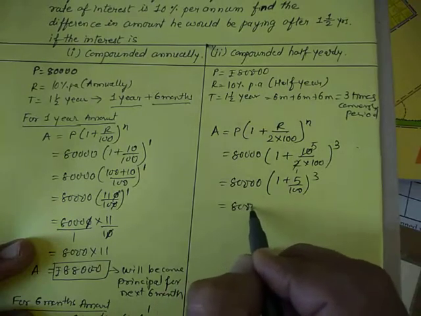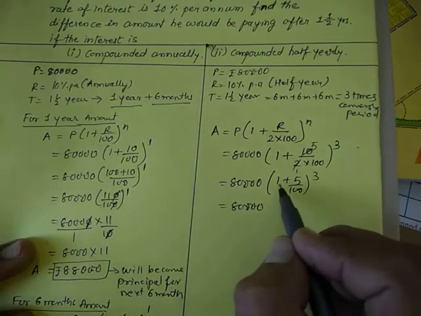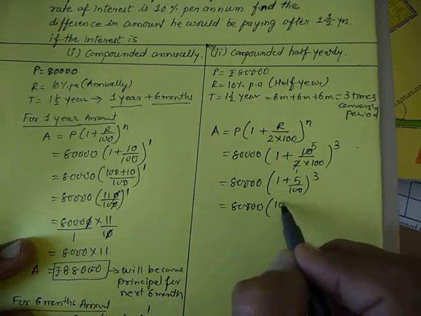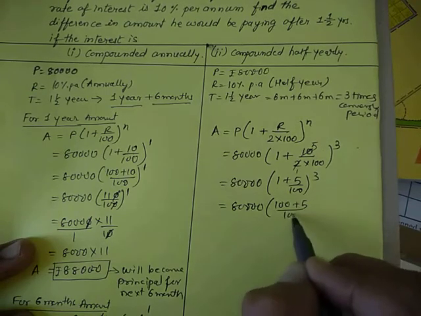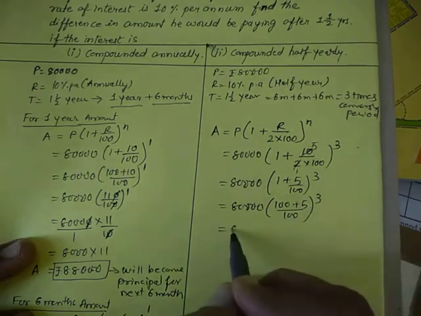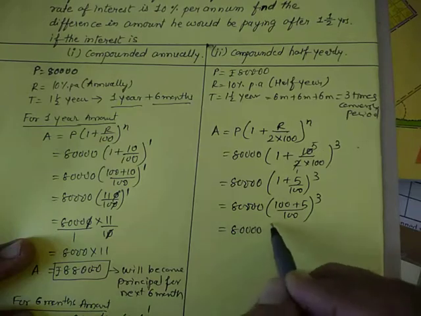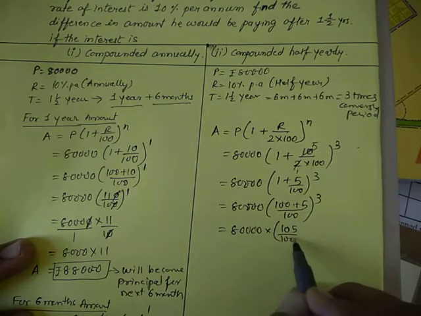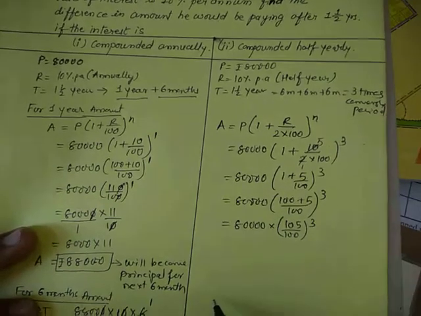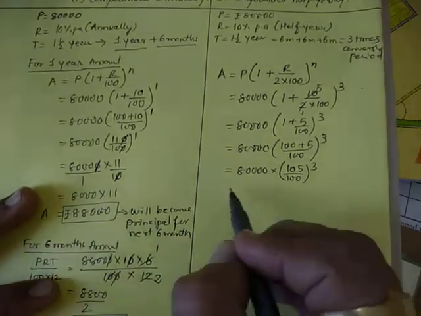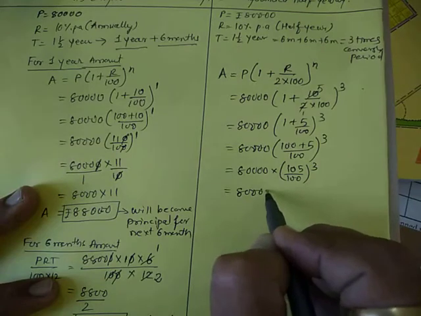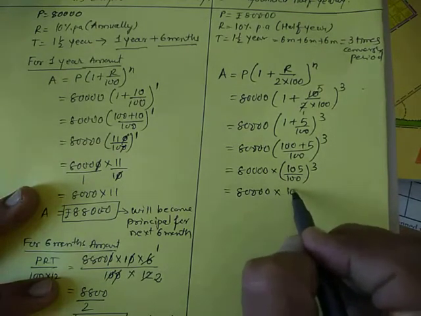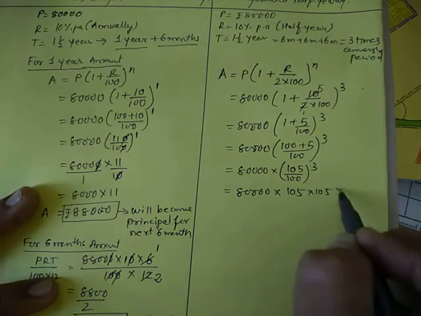So if we solve this, 80,000 and here LCM, so 100 plus 5 raised to 3. So 80,000 multiplied by 105 upon 100 raised to 3.